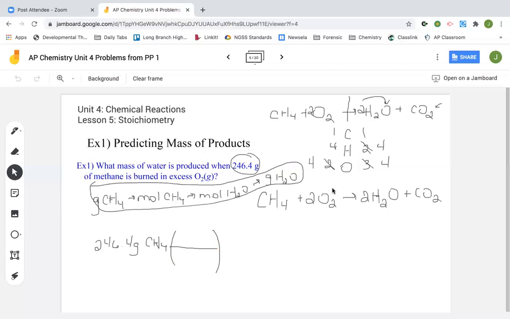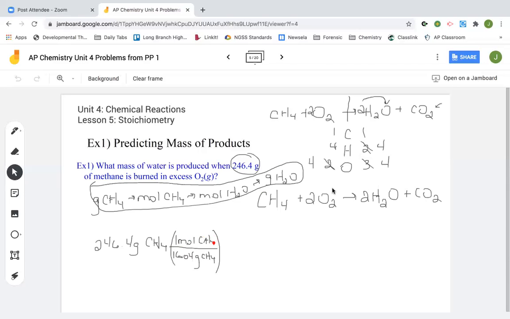So we started with grams of methane. So grams of methane is going to go on the bottom. And when we have grams inside of our fraction in dimensional analysis, we always put the atomic mass. So the mass of methane is 16.04. And on top of this fraction, we're going to have 1 mole of methane.